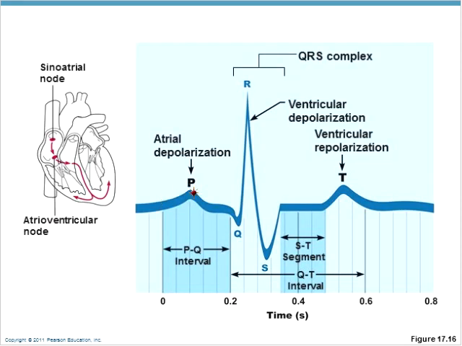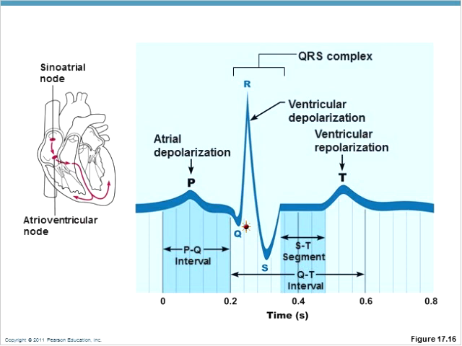Here's the initial P wave, which is the atrial depolarization. You see the QRS, which is ventricular depolarization, and then repolarization of the ventricles at the T wave. Atrial repolarization actually occurs during ventricular depolarization and gets washed out. The action potential of ventricular depolarization is so great that the atrial repolarization gets lost.